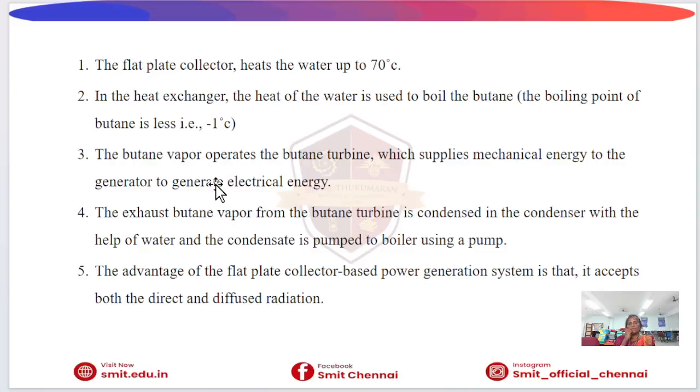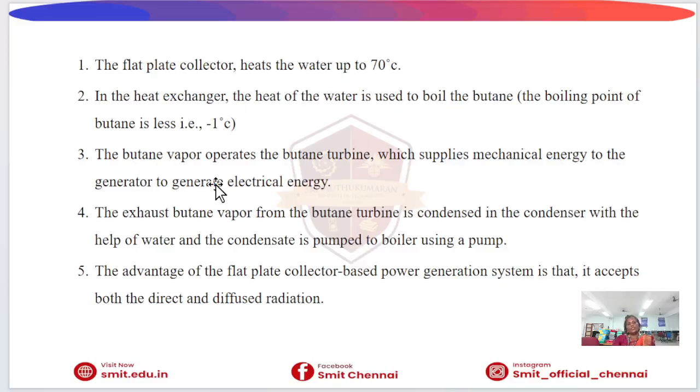In this system, the flat plate collector heats water up to around 70 degrees Celsius. This heat is transferred to another working fluid such as butane, which has a very low boiling point of around minus 1 degree Celsius. Because of this low boiling point, butane easily converts into vapor when heated. The butane vapor drives a turbine, producing mechanical energy.